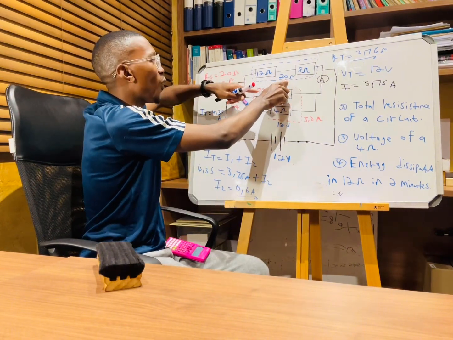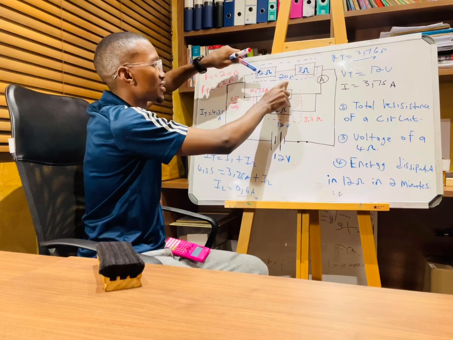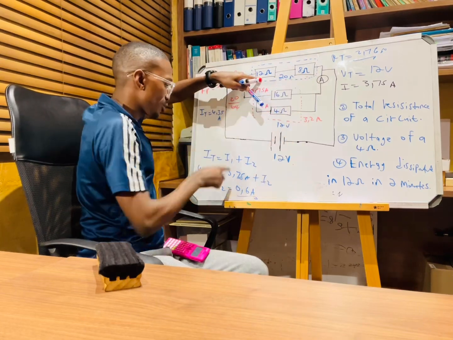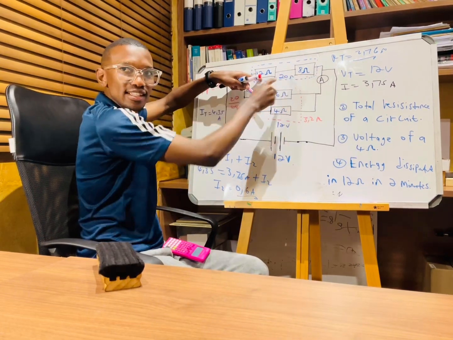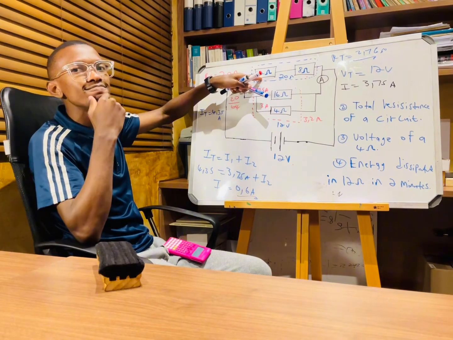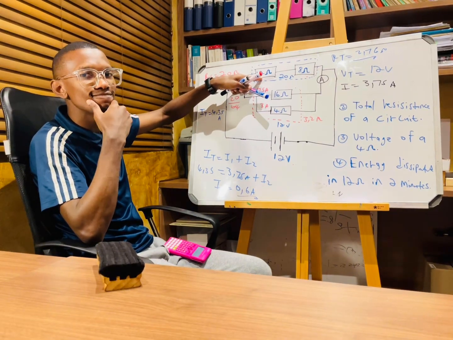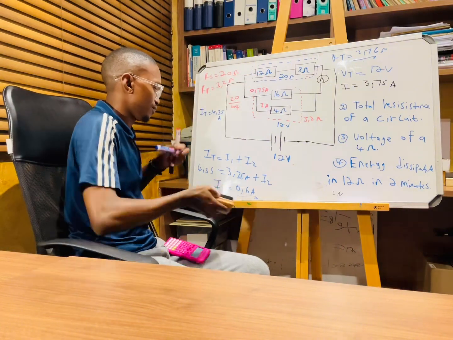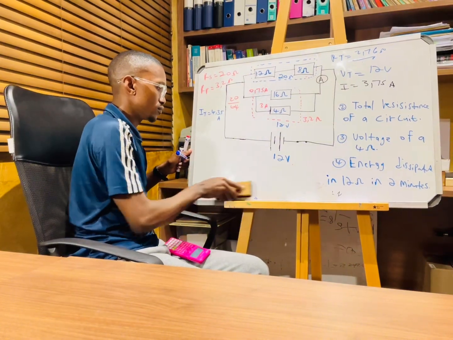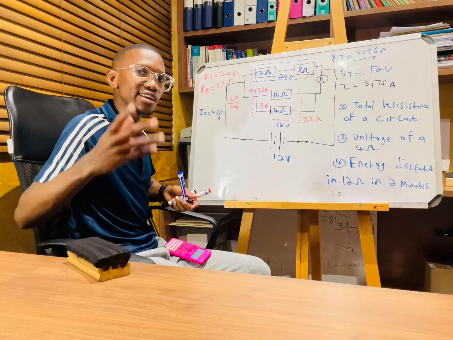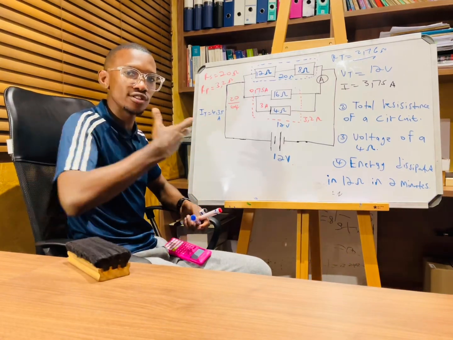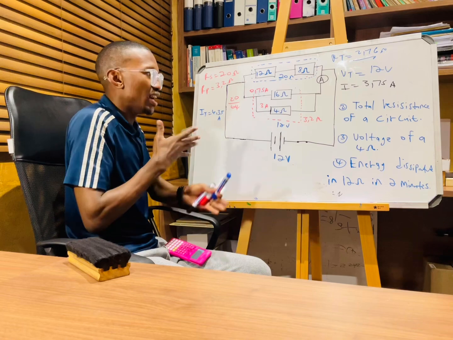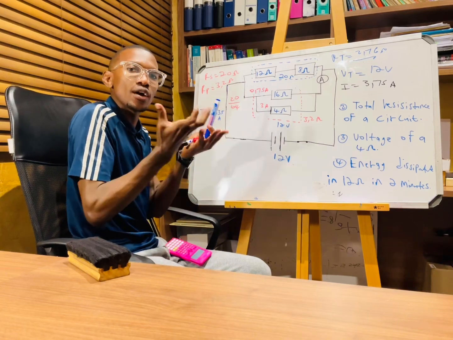And since the 20 ohm current is for these ones, it means the 12 and the 8 will share the same current because they're in what? Series. Can I prove it to you? Check. Sometimes I can be a bit extra and people might end up losing focus and concentration, but I'm just trying to show you different methods of how you can get the answer.